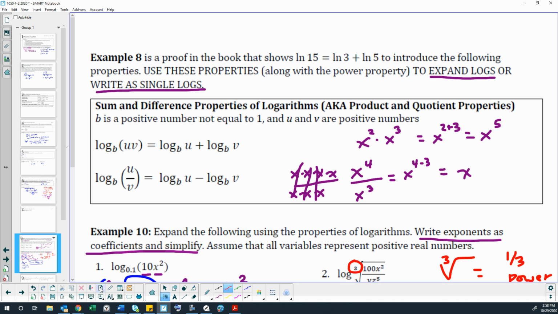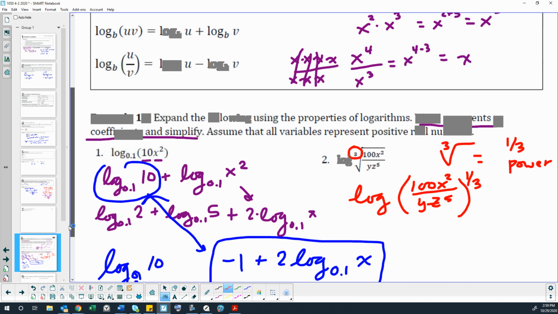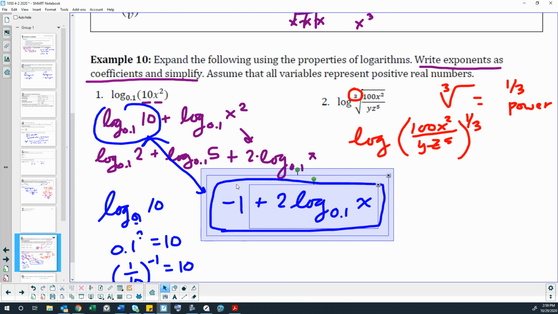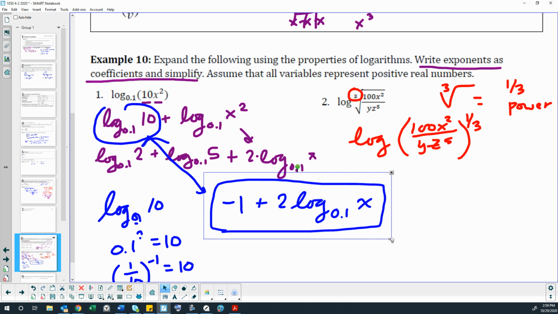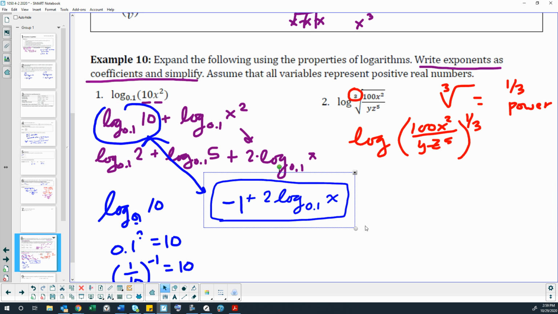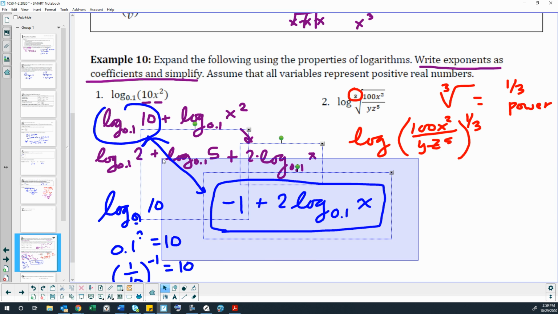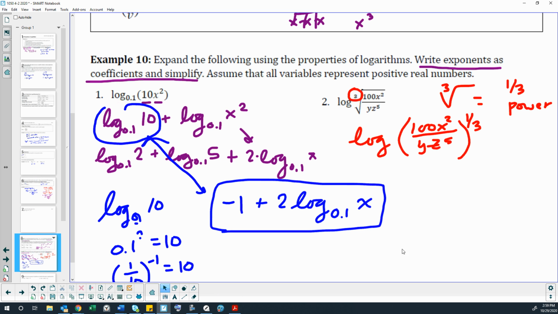Alright, I don't like how I'm running out of room here, so I'm going to condense all of this just a little bit. Oops, I didn't grab everything. That's part of the problem.